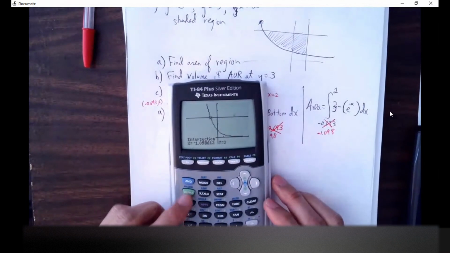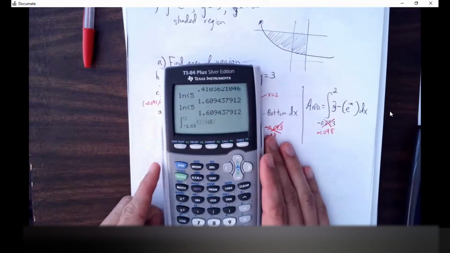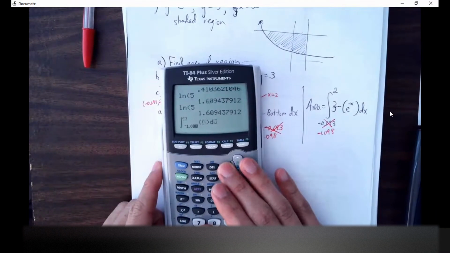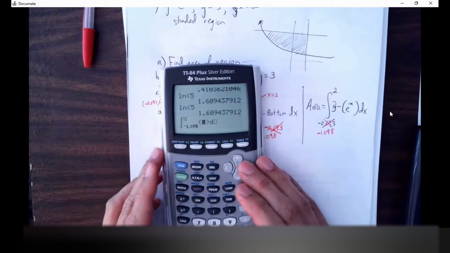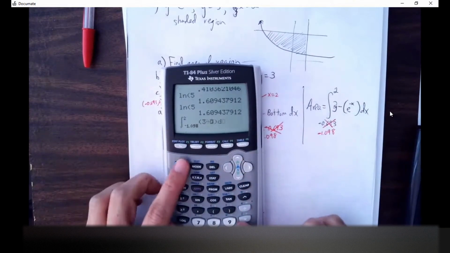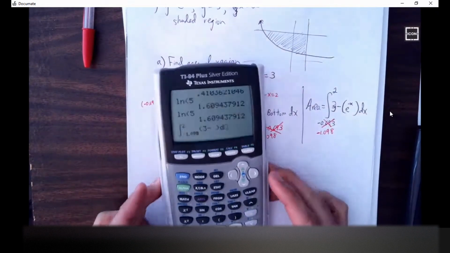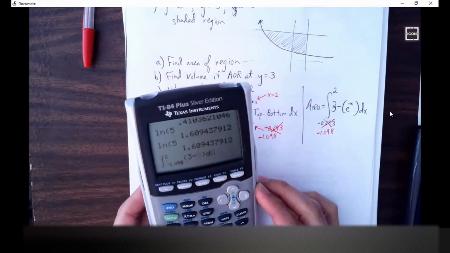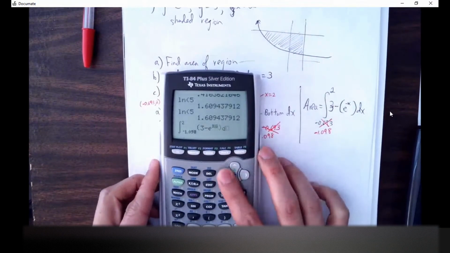All right, enter this into our calculator here, math 9. Two is our right bound, and 3 minus e to the negative x.